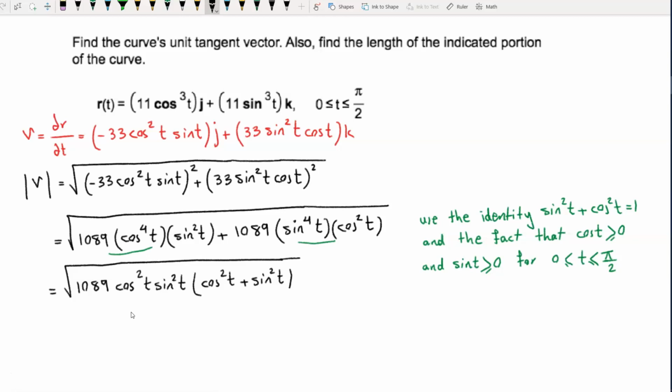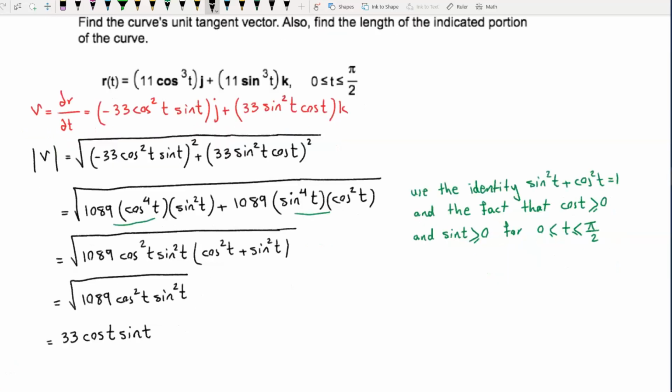And this is equal to the square root of 1089 cosine squared t sine squared t, and here cosine squared t plus sine squared t is equal to 1. So what we have for the length of the velocity vector v is equal to 33 times cosine t times sine t.